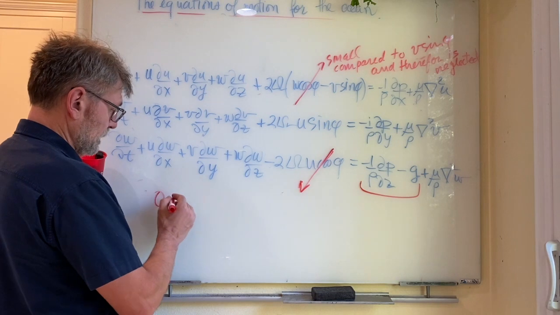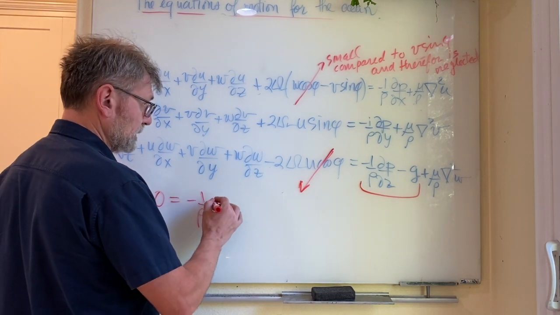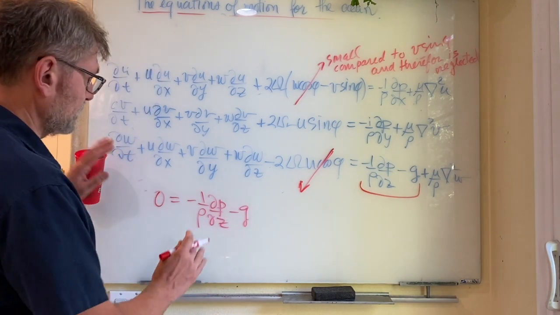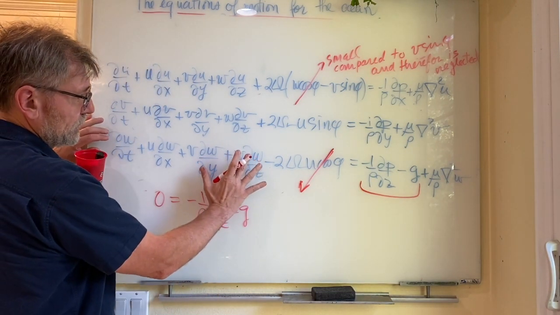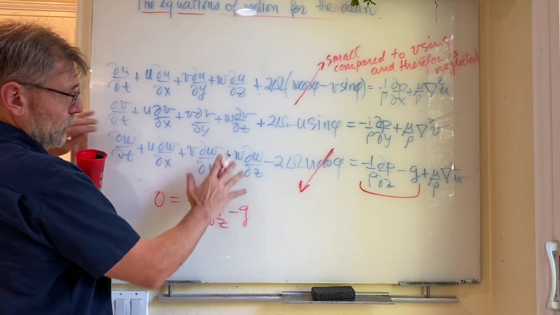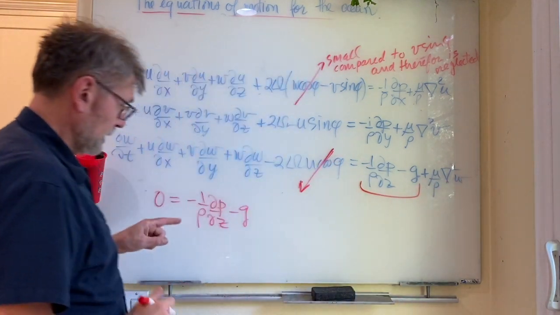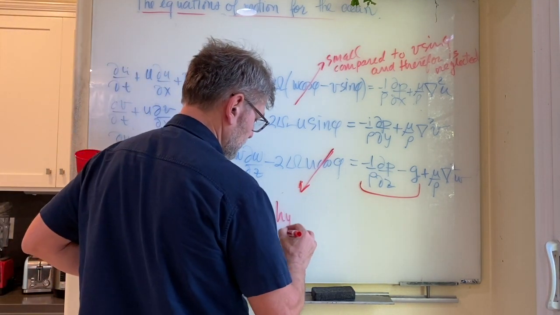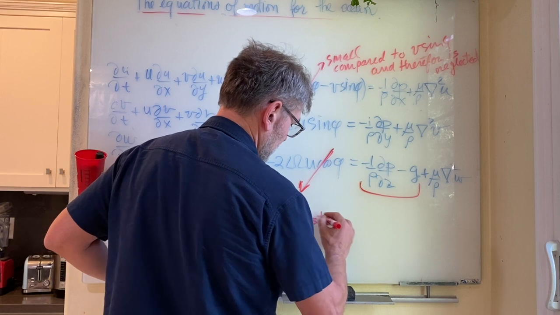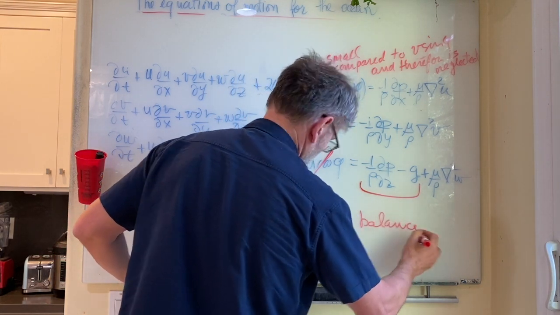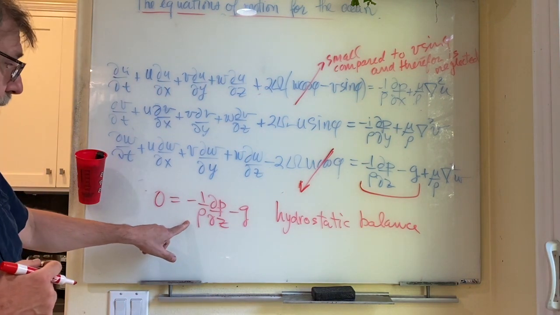So if 0 is equal to minus 1 over rho dp dz minus g, in other words, if the acceleration terms are small, and this Coriolis term we always said is small, and the viscous forces are small, then we get what's called a hydrostatic balance. And this balance is certainly very good on large scales in the ocean.